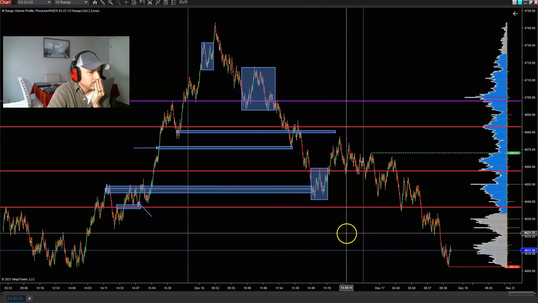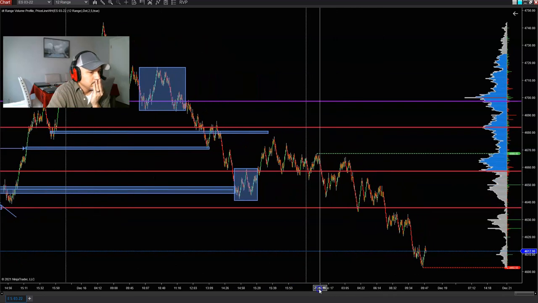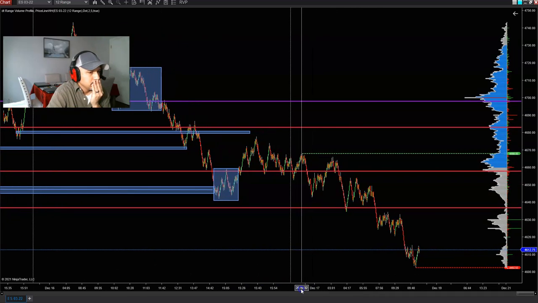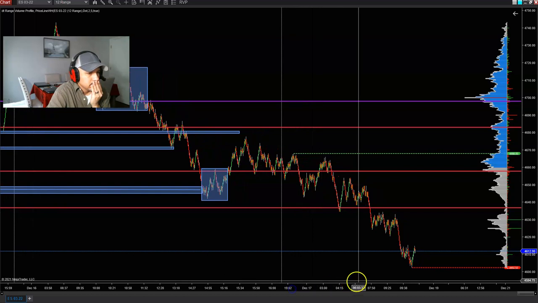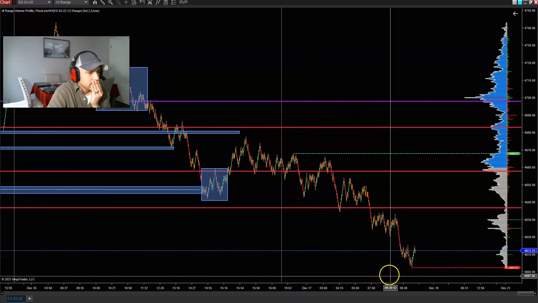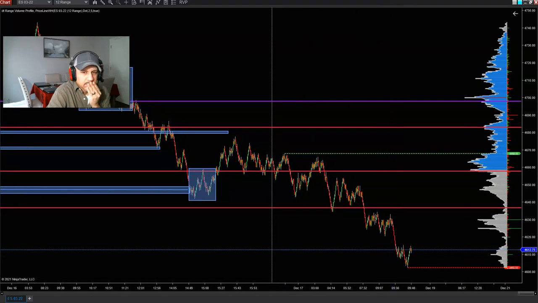So I'm just sitting here looking for an opportunity to possibly make an entry. I'm noticing the price is pulling back to an area of resistance there.